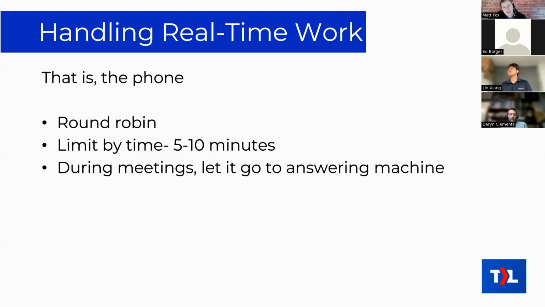Unless, I should say, if you have a dispatcher that takes the phone calls, then maybe this doesn't apply either. The main consideration here is that you're trying to protect your engineers' time, so they're not always getting distracted by phone calls. So you can either send it always to one particular person, or you can let that role rotate around in your team either by week or maybe by day, or even call by call if you wanted, but doing it by day or by week would be better.